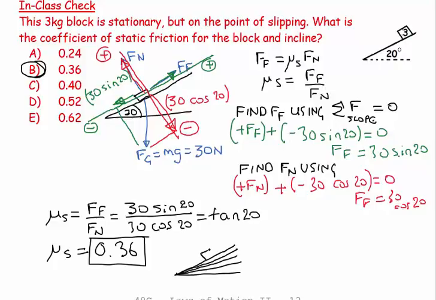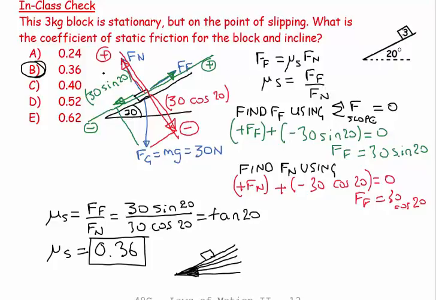And when the block starts slipping, I look at this angle and I find the tangent of it, and that is the value of the coefficient of static friction. It's a nice little unexpected result. It doesn't matter what the mass of the block is. If you just tilt the block on the surface that it sits on, the tangent of the angle at which it begins sliding will tell you what the coefficient of static friction is.